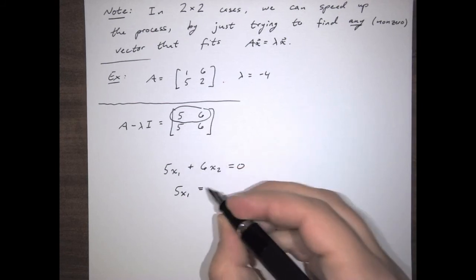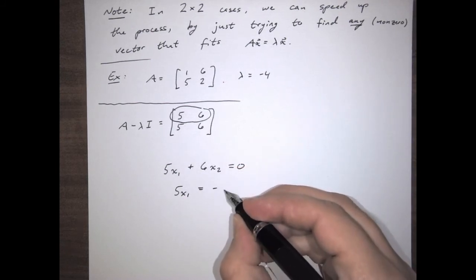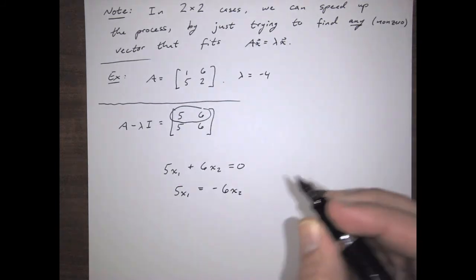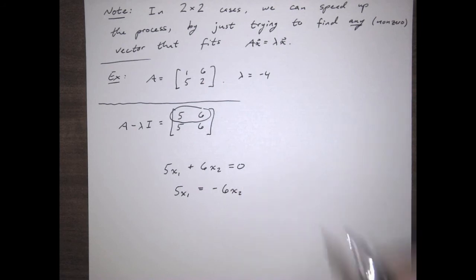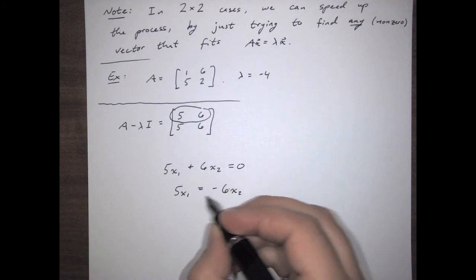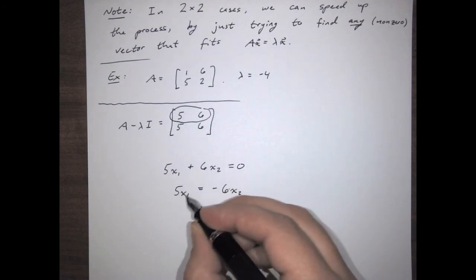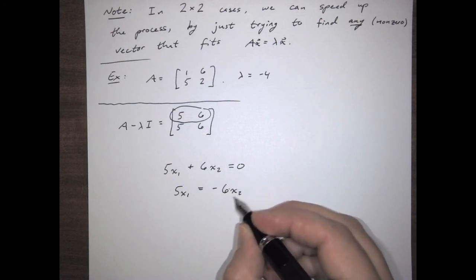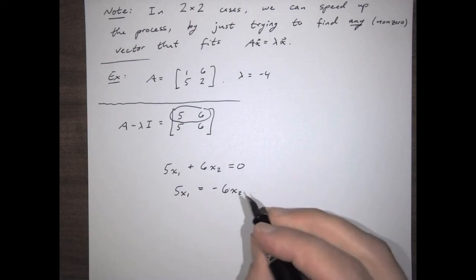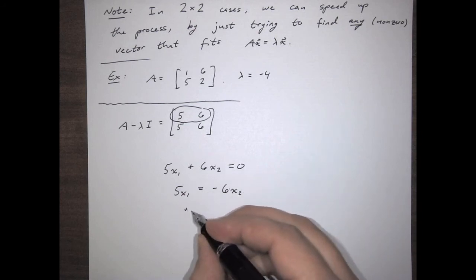So 5x1 equals negative 6x2, which then, if I can just find any two numbers to fit this, that would be a solution. So what could I pick as two numbers to fit this? Well, because of the way it's written, if I put in a negative 6 for x1 and I put in a 5 for x2, those are going to just be two copies of the same thing. So you can just kind of swap the coefficients.